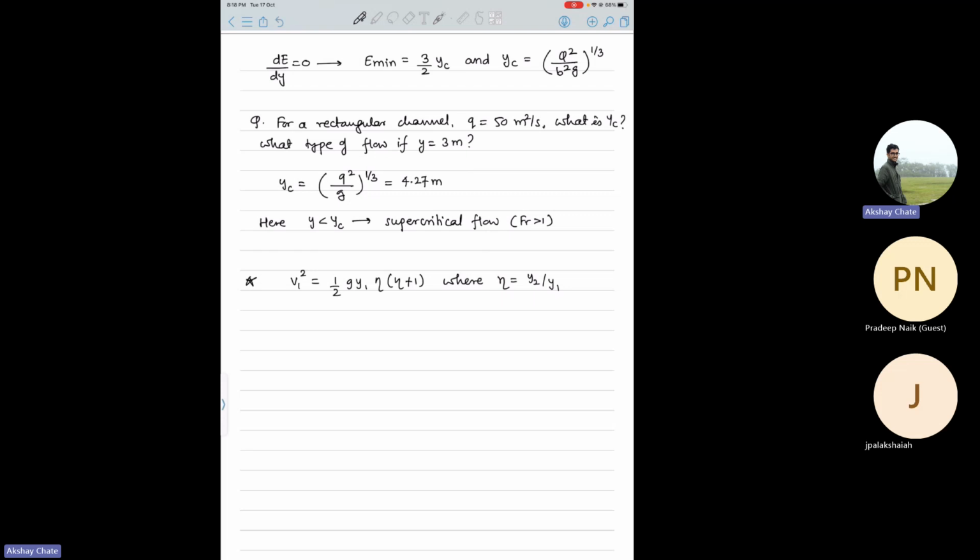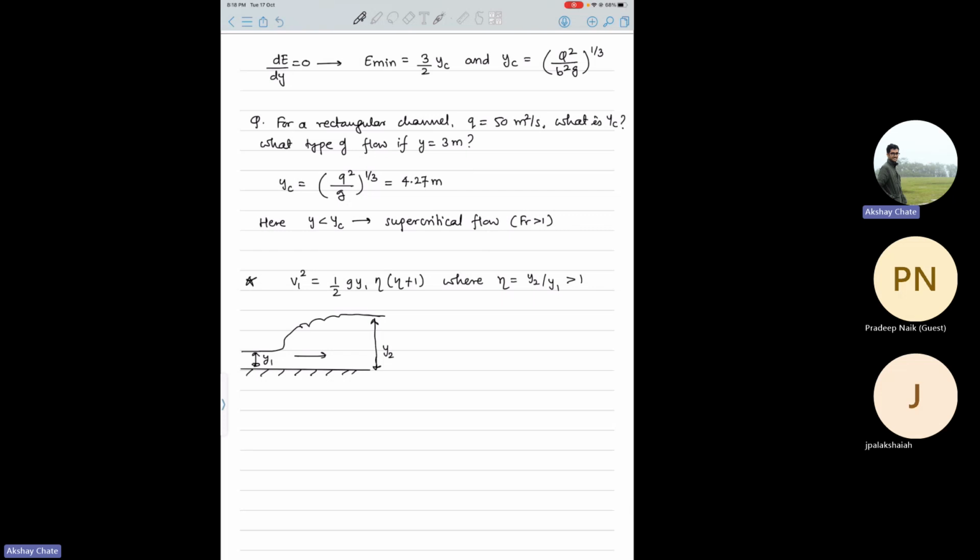So basically it looks something like this. If you have, let's say, a solid surface like this, the hydraulic jump will mostly look like this. So always your y1 will be smaller and y2 will be larger. Therefore this parameter will always be greater than 1, assuming this is the flow direction.